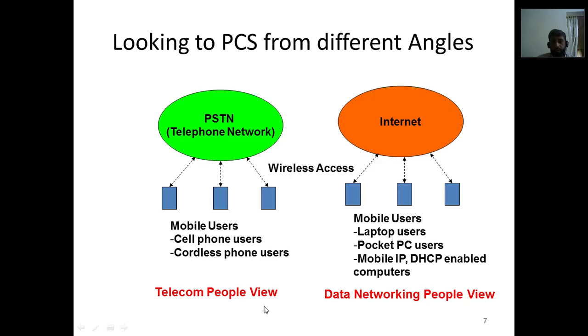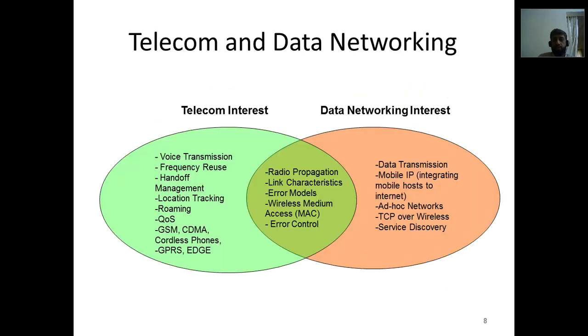The telecom people, they think of telephone services, and we want to integrate those services with the traditional public switch telephone networks. When we talk in terms of data networking, the data networking people, they think about integrating the mobile services to the internet. So eventually at the back end they want to connect all the services to the internet. So this is the overall scenario.